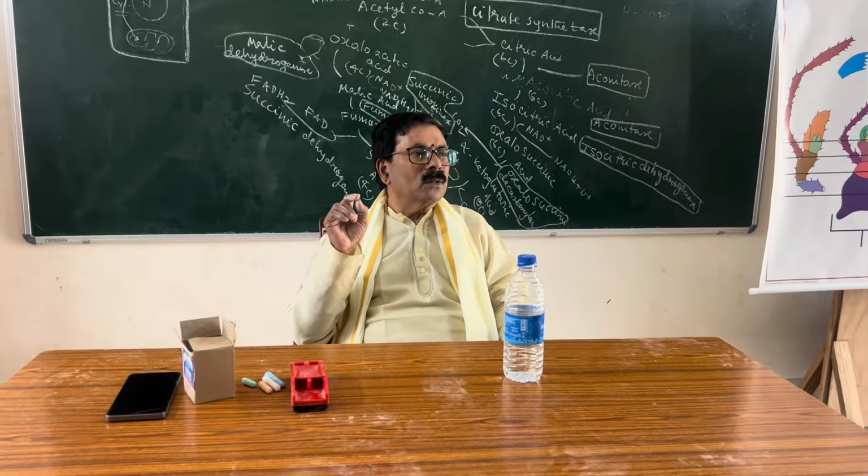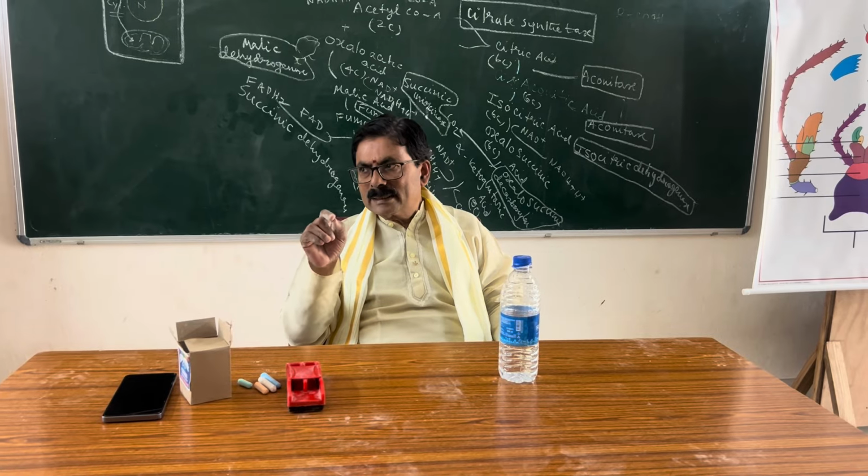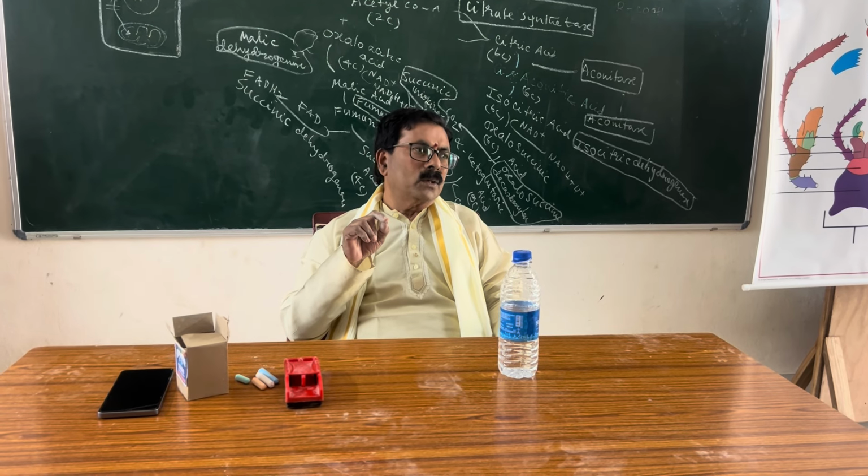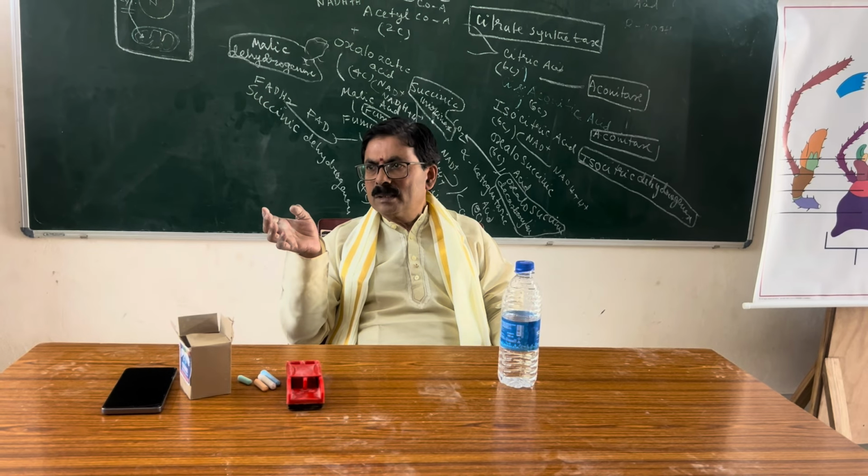Now alpha ketoglutaric acid loses carbon dioxide and also 2 hydrogens, a decarboxylase and dehydrogenase combination.